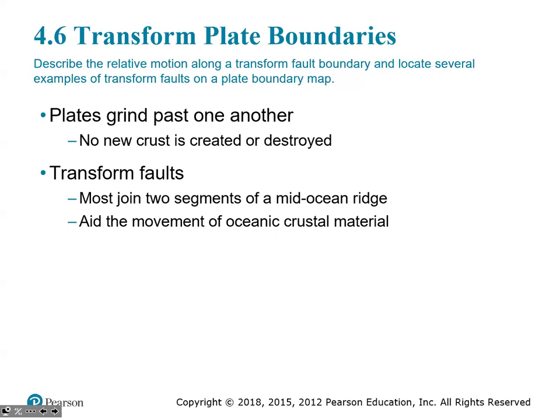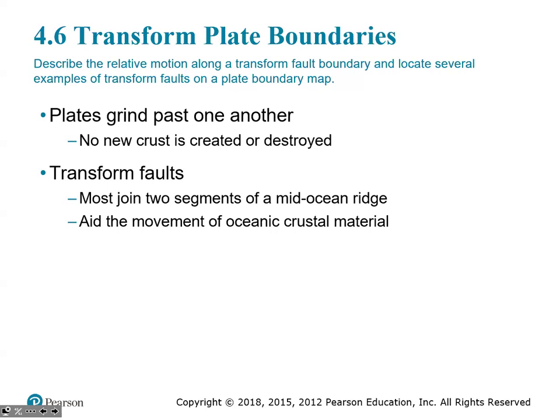Now, you can also have a third case. You can have the plates neither moving towards nor away from each other, just sliding along. This is called a transform plate boundary. The motion is called shear motion or strike-slip motion sometimes.